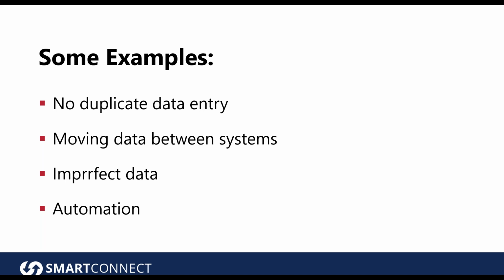Imperfect data. I think this is a really fun one that oftentimes people don't think about: cleansing the data, or using a tool like this for imperfect data. So let's say, for example, inside a CRM you have northeast, northwest, southeast, southwest for sales territories. Inside of Business Central, all you have is north and south.